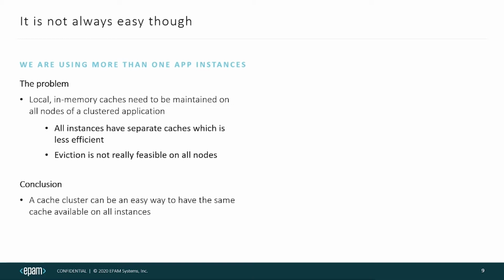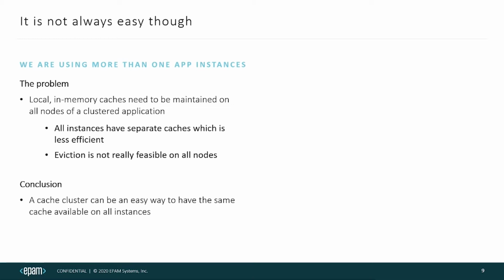In this case, the problem is that all of these instances need to maintain their own cache. So we can be unlucky, and in case somebody is calling us with the same request n times, it can land on different instances every time. So it wouldn't come from the cache in any of those cases.